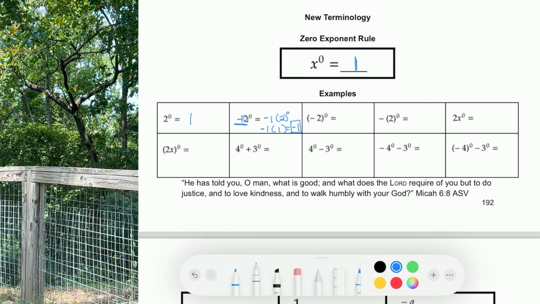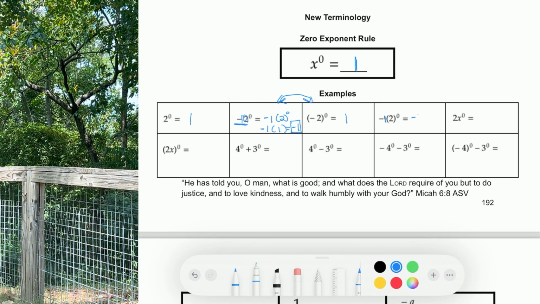So we have that invisible 1 out here being multiplied against that. All right, this next one has the parentheses with the negative inside. So that would become a 1. That negative 2 to the power of 0 is just 1. So that's just to show you the difference between this problem and this problem here and how you would write your answer. The next one has an invisible negative 1 out here.